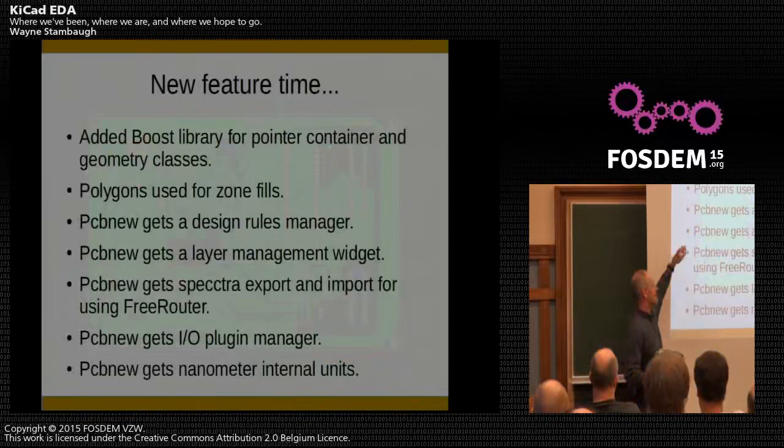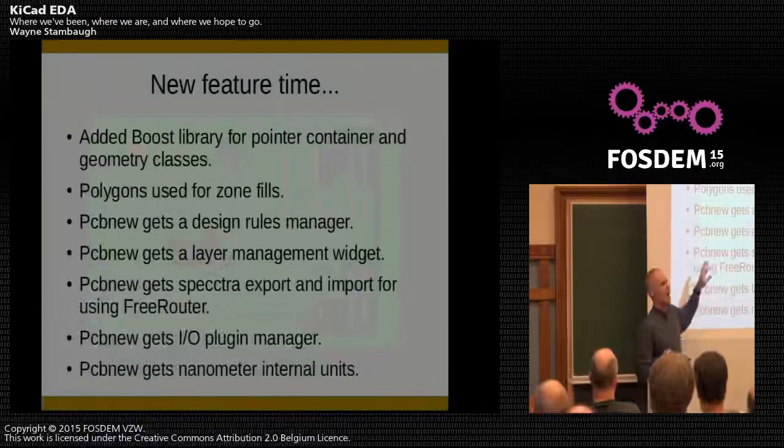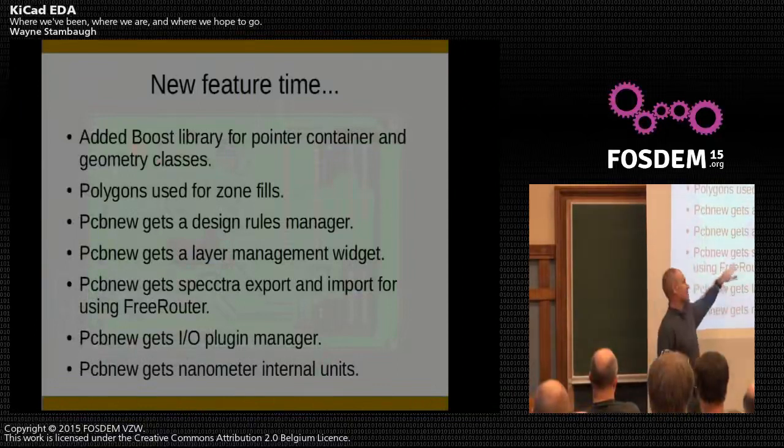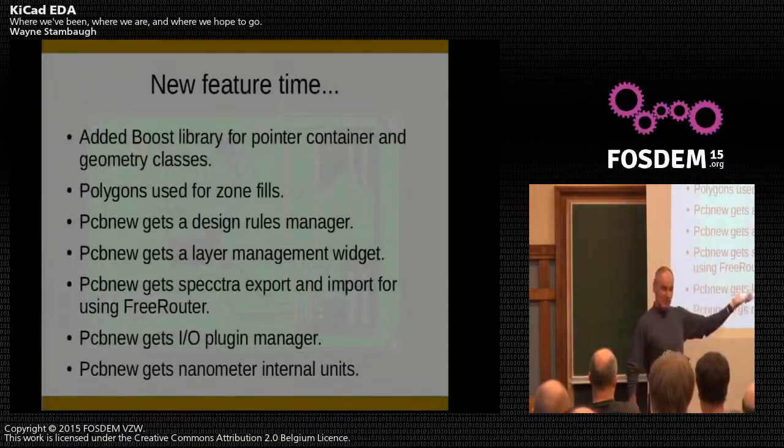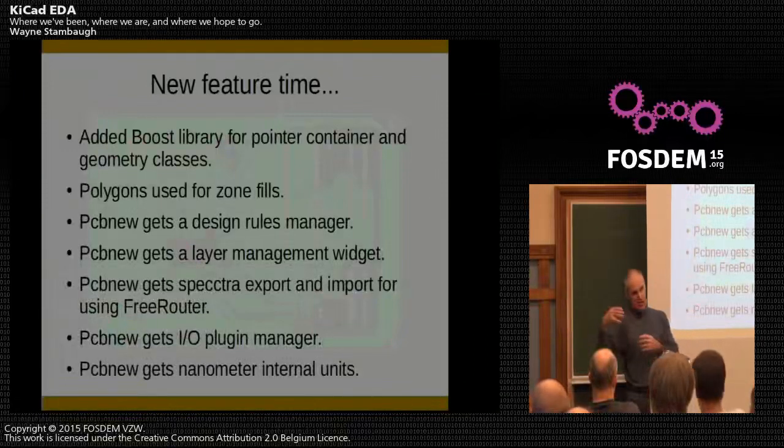So we had to design a layer widget. Now, one of the things, the router was all manual. I mean, there was an auto router, but it wasn't anything, you couldn't do a lot with it. But one thing that did contribute to this was, and it's unfortunate this project's gone now because of licensing issues, the Free Router was rather a clever tool in that it would take a Spectra DSN format, which we exported from our schematic, and the board outline.